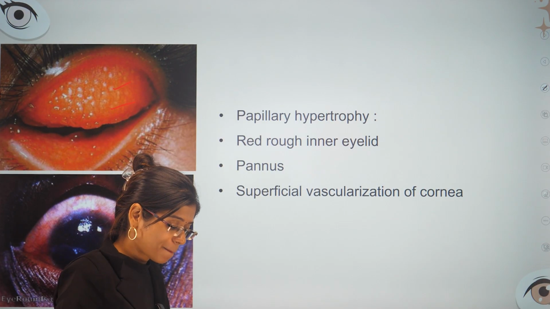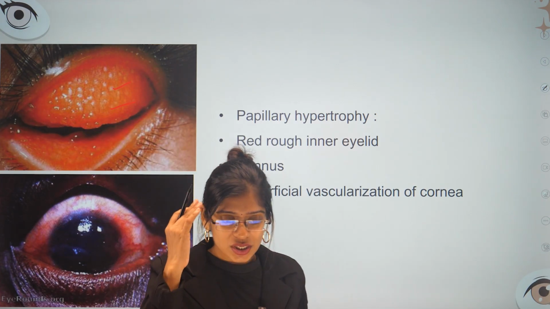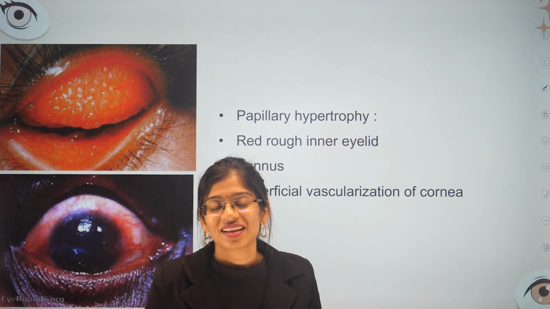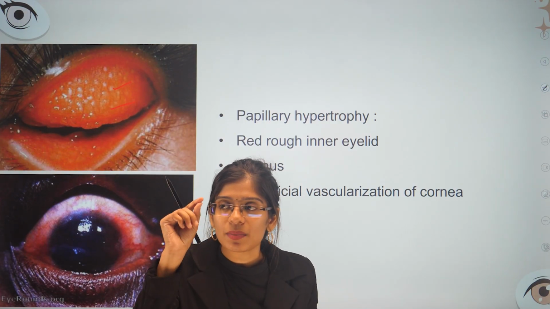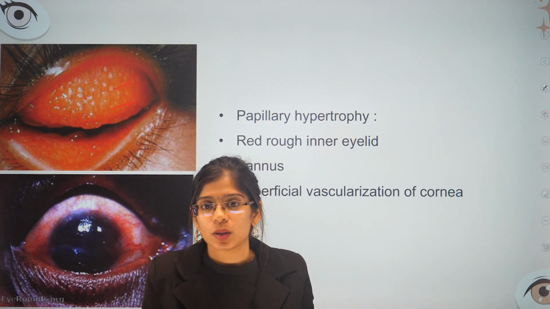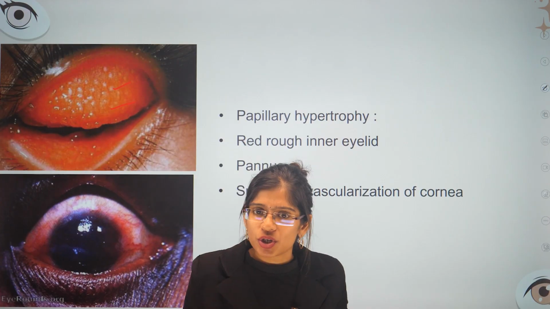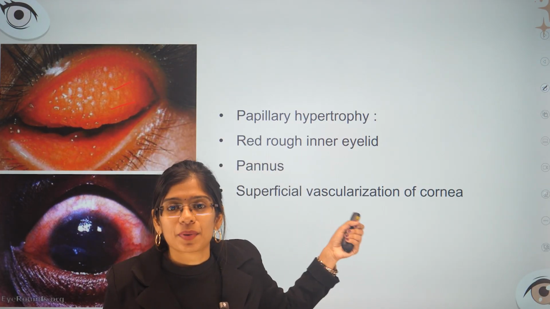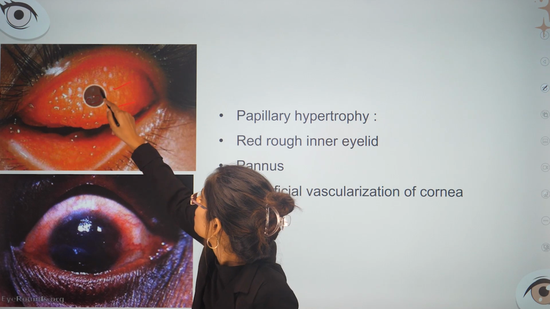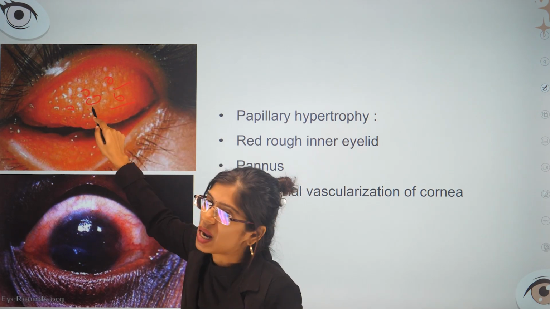In our palpebral conjunctiva, what do we have? We have tiny blood vessels, and the core of these tiny blood vessels is what we call papillae. Okay. Because of inflammation occurring here, they are going to undergo hypertrophy. So you can see this papillary hypertrophy in trachoma.